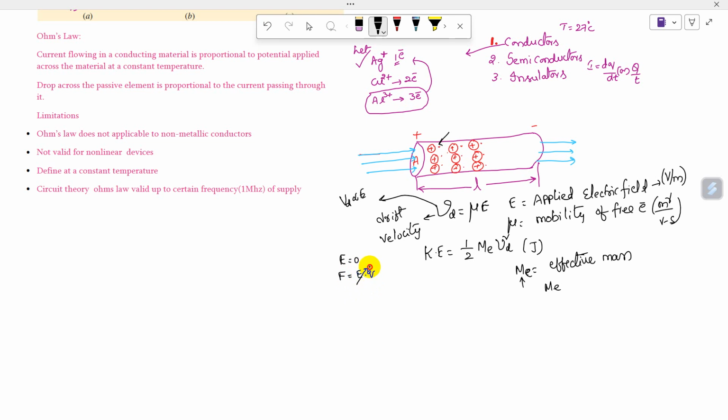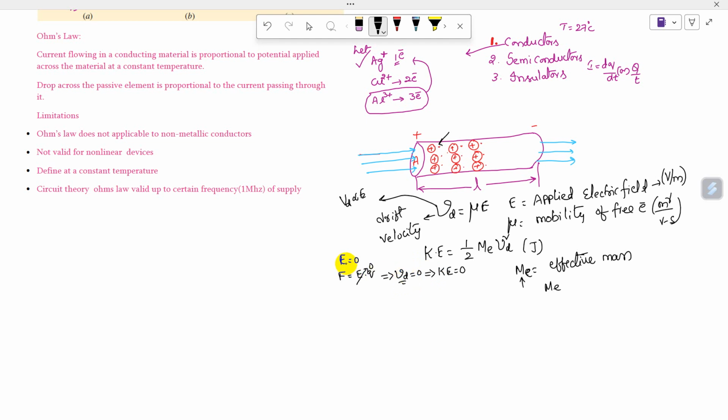So if the force on the electron is 0, then my drift velocity is 0. So there is no movement, and my kinetic energy is equal to 0.